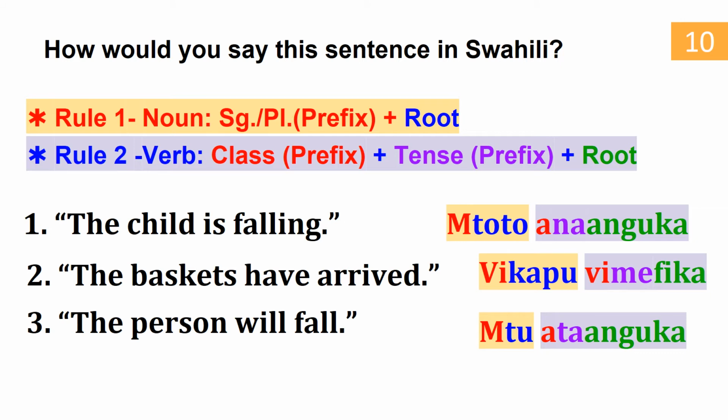We then place the noun before the verb, thus forming mtoto ananguka, meaning the child is falling. Likewise, we can translate the sentences the baskets have arrived and the person will fall into bikapu bimefika and mtu atanguka, using the two rules we had found.